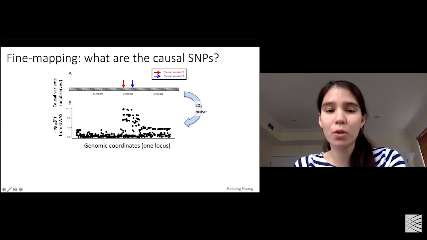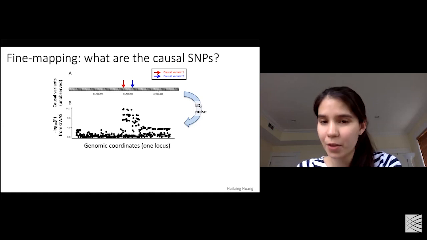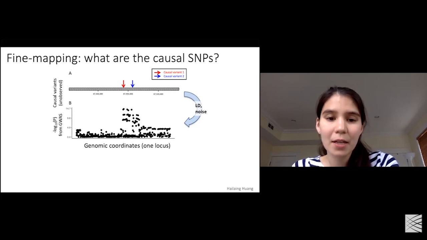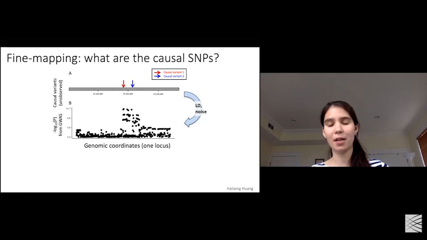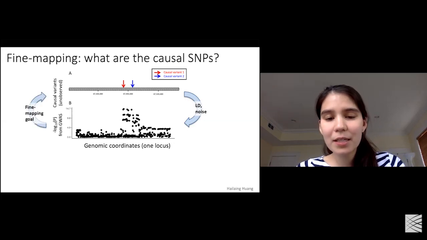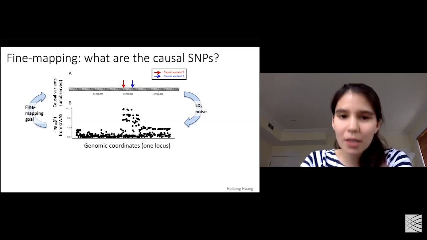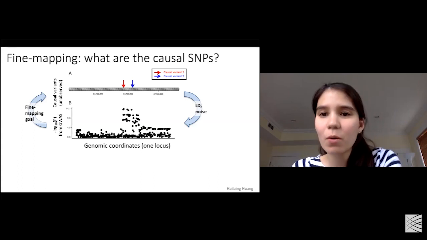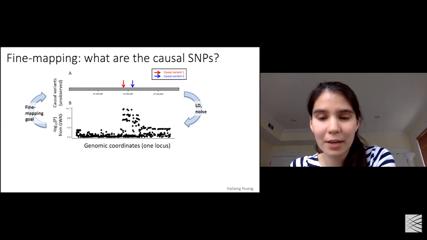Maybe there's only two causal variants in the locus, and it's only because of patterns of LD and the noise due to finite sample size that we see all of these many variants coming up as associated in this way. So the goal of statistical fine mapping is to take the GWAS data that shows this complex association at the locus and to try to detangle it and figure out what's the actual simple story underlying it. What are the causal variants that are underlying this association?